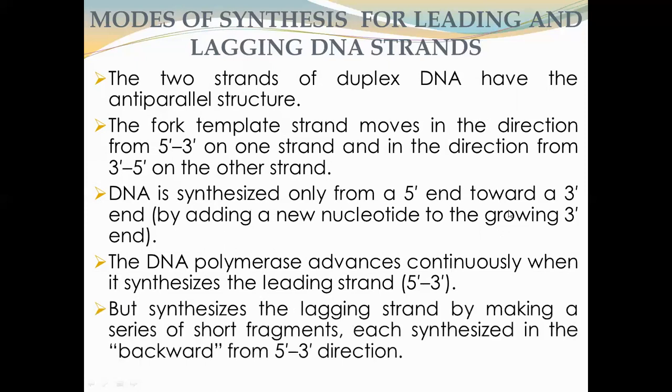But the DNA polymerase synthesizes the lagging strand by making a series of short fragments, and each fragment is synthesized in the backward direction, from 5 prime towards the 3 prime direction.